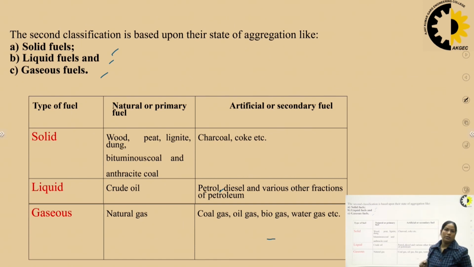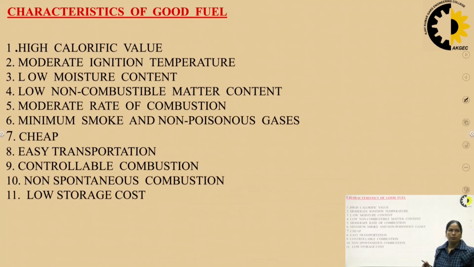In gaseous fuel, natural gas is the primary gas, which is formed naturally in nature. Other examples of secondary gaseous fuel are coal gas, oil gas, biogas. Biogas is a very good example of a secondary fuel and it is a gaseous fuel.